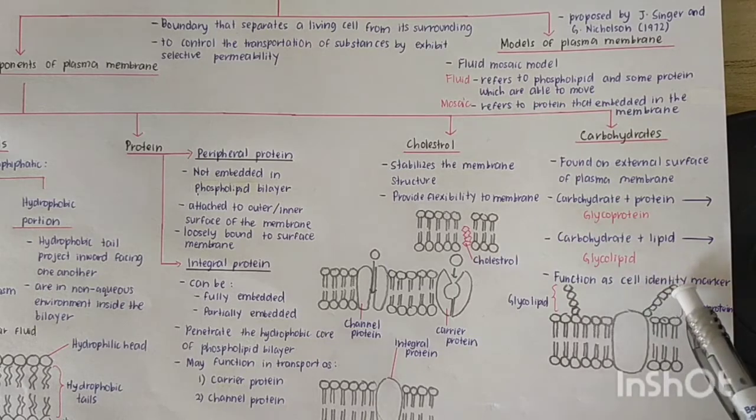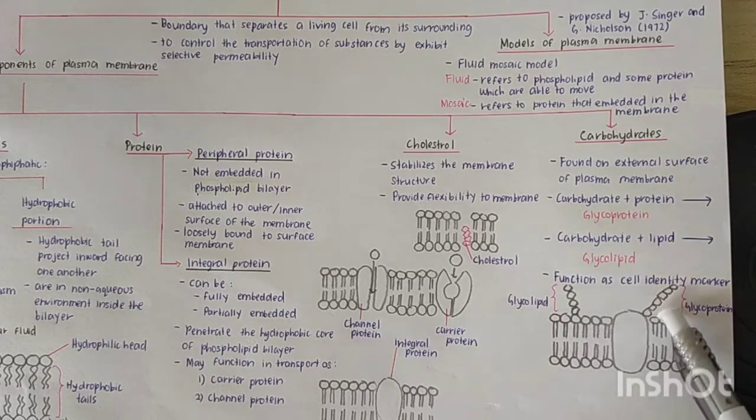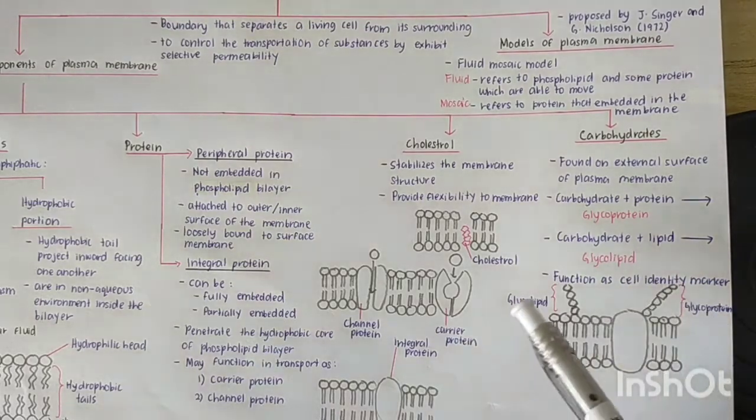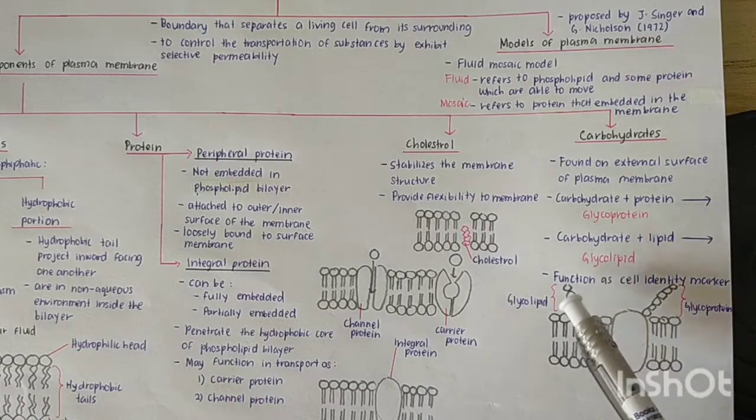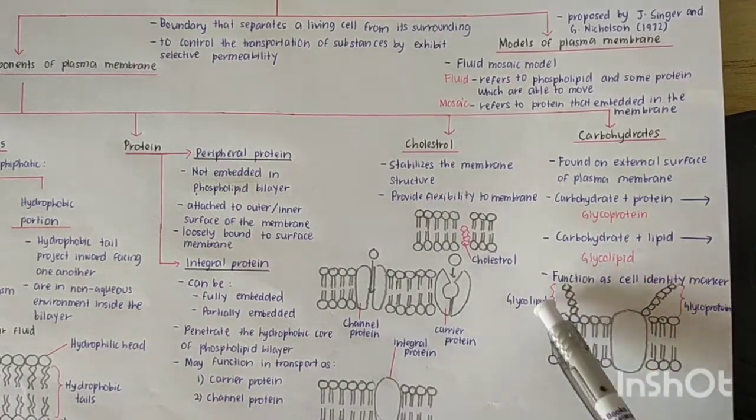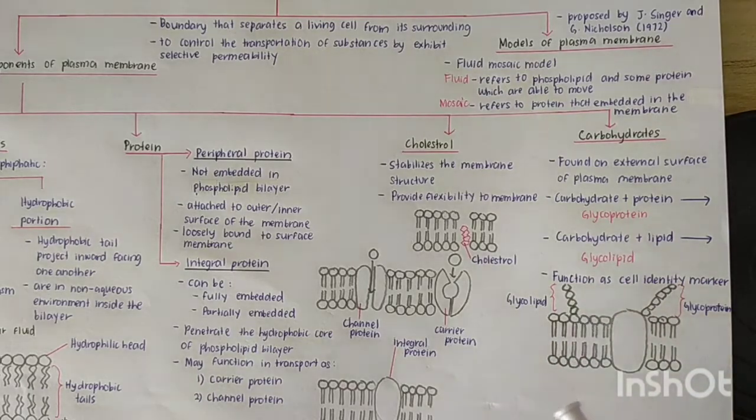Glycoprotein is the association between this carbohydrate attached to the protein. All of this structure we call glycoprotein. When there is an association between lipid and carbohydrate, this structure we call glycolipid. The function of the carbohydrate is to act as a cell identity marker.